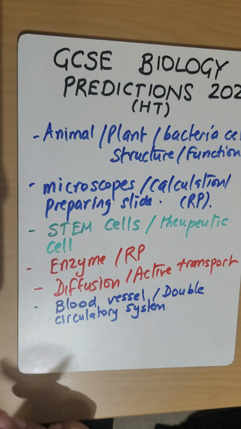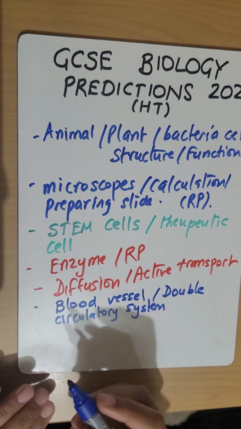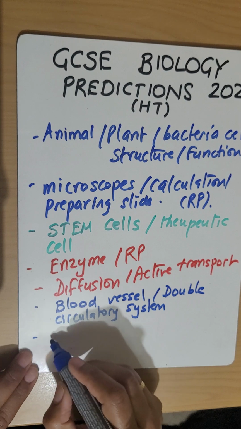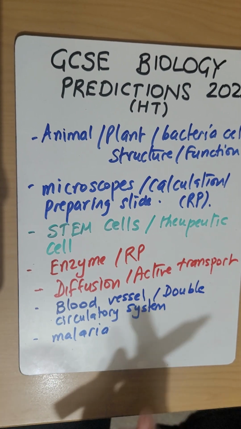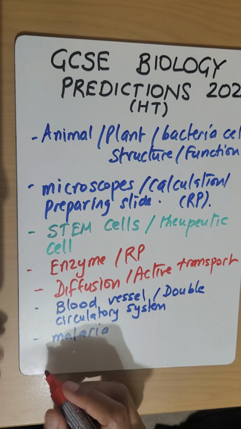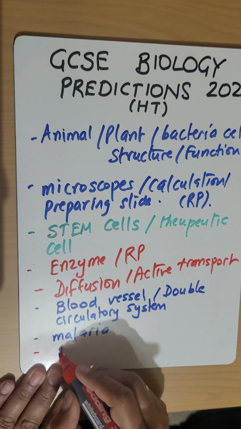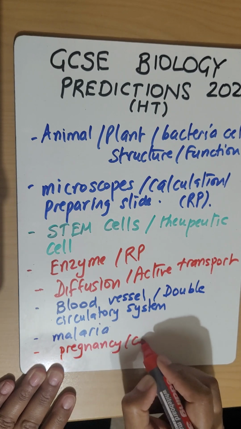Moving on swiftly, we're then looking at communicable and non-communicable diseases. Protists and malaria haven't been in the exam, so they may ask you about that: how you catch it, how it works, and how it moves around. Another one is the use of pregnancy or COVID tests.